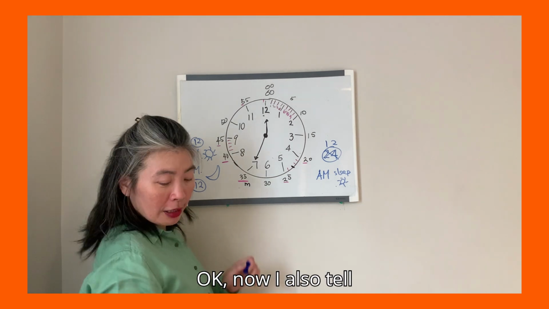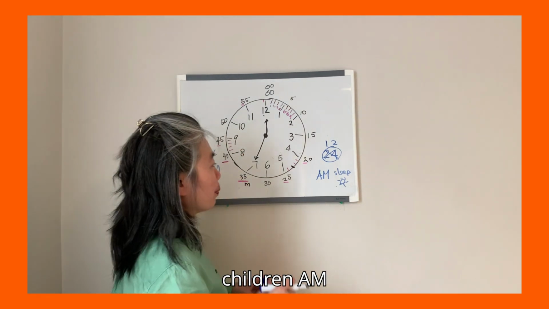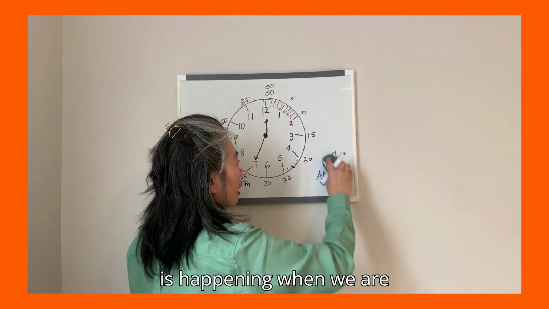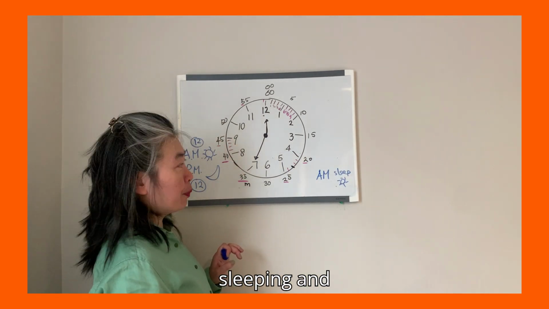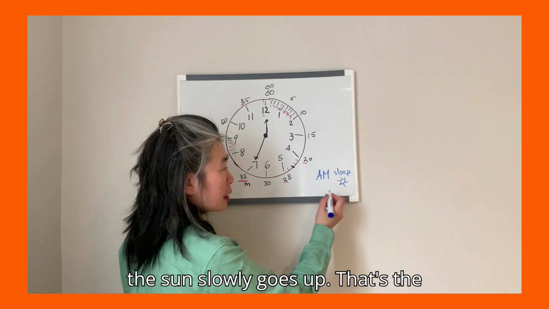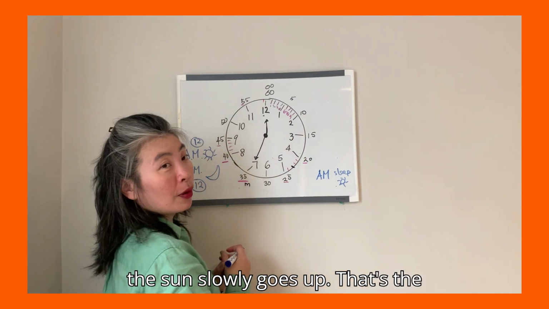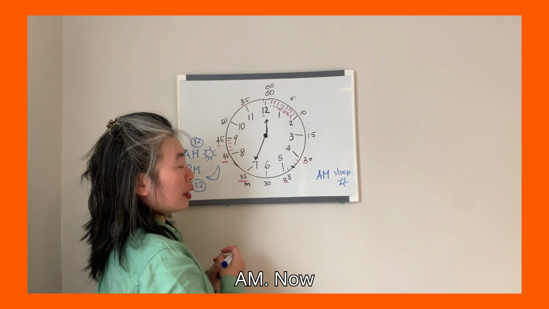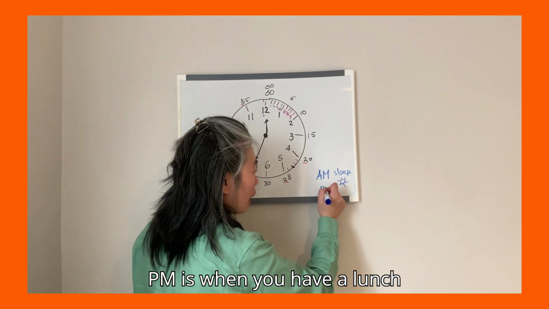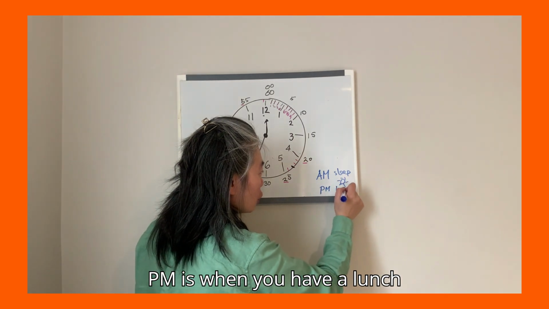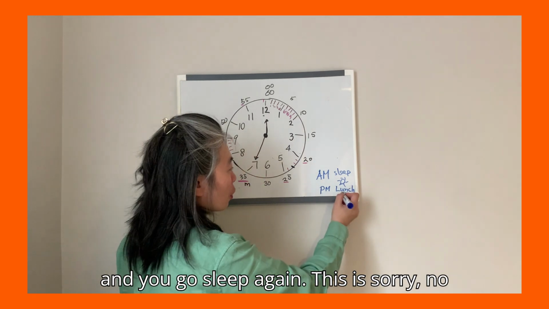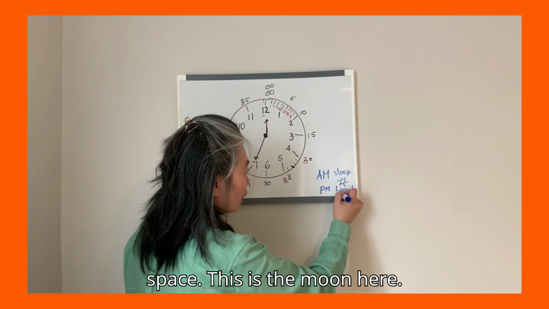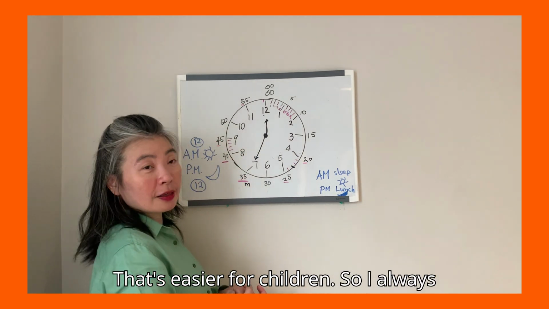Now I also tell children AM is happening when we are sleeping and the sun slowly goes up. That's the AM. PM is when you have lunch and you go to sleep again. This is the moon here. That's easier for children.